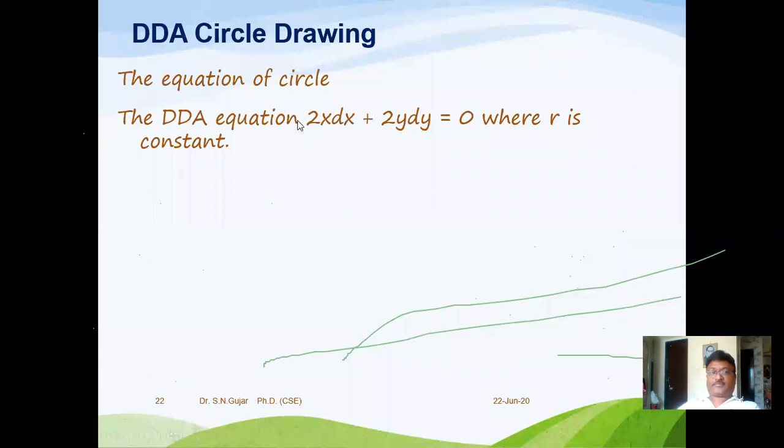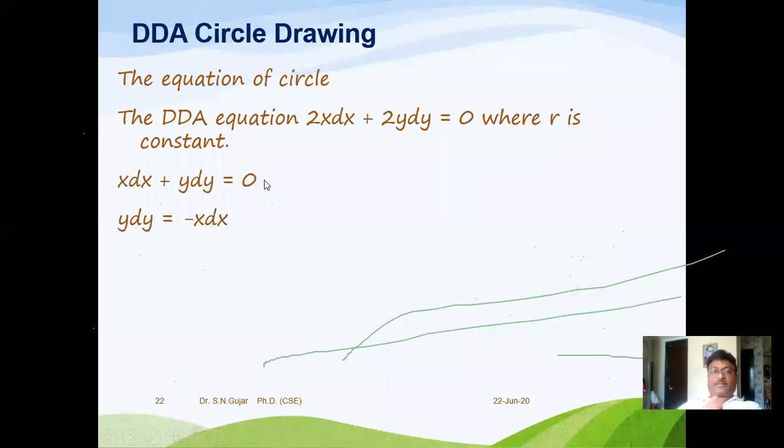So dy by dx in bracket x square plus dy by dx y square is equal to dy by dx r. R is the constant, so that's why it becomes 0. And x square derivative is what? 2x dx plus y square derivative is what? 2y dy, and is equal to r derivative is what? 0. So this equation becomes 2x dx plus 2y dy is equal to 0, where r is the constant.